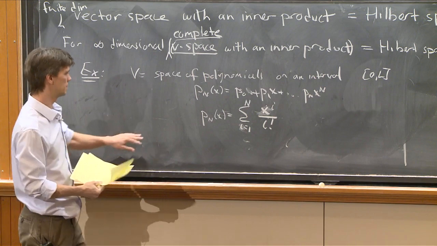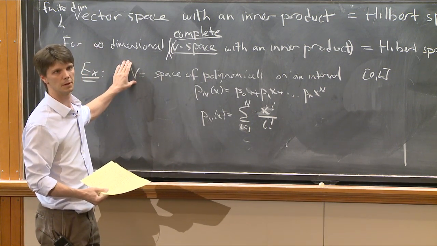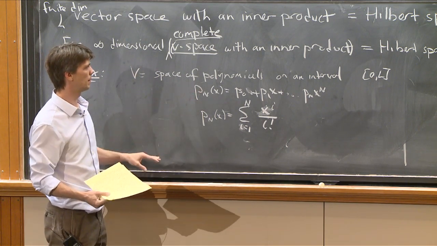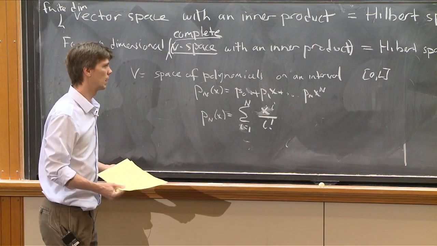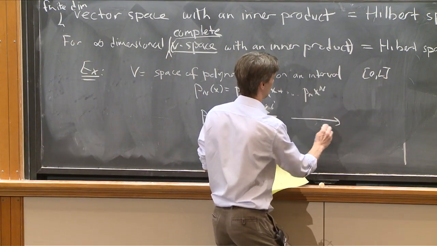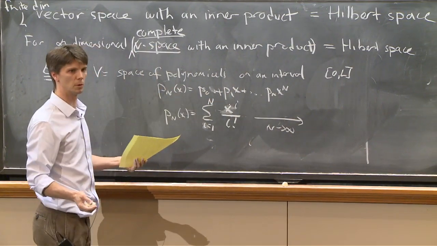All of these Pn's live in this space of polynomials, but their limit as n becomes large, a sequence of these called a Cauchy sequence, as n goes to infinity, generates something that's actually not a polynomial.